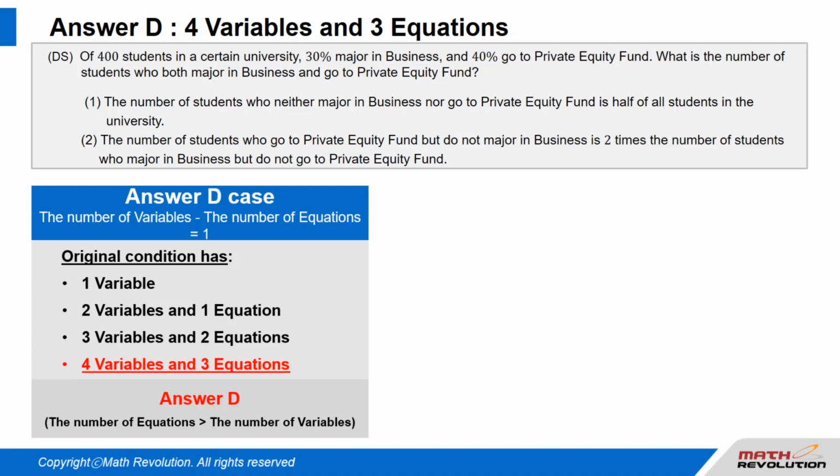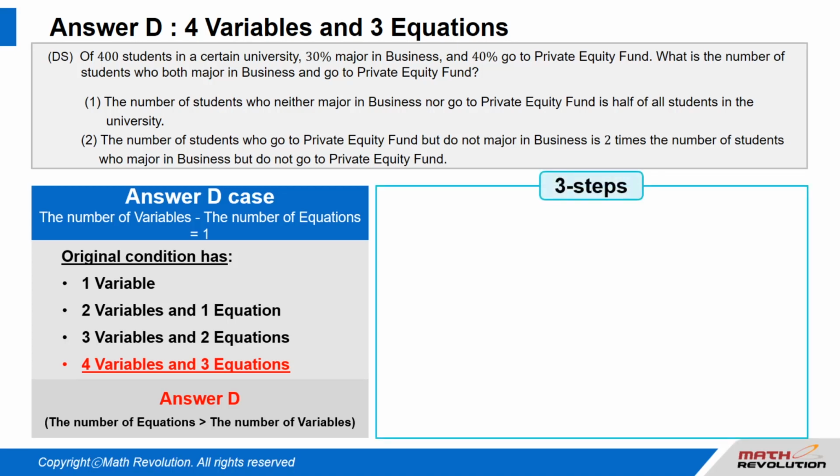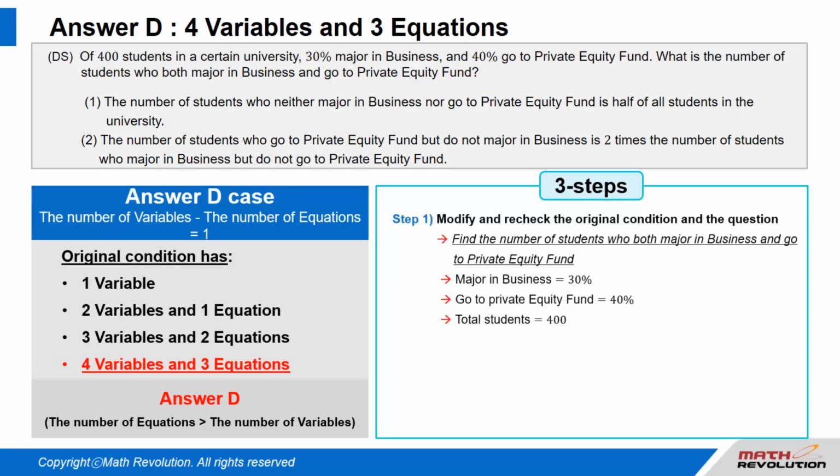Let's apply the 3 steps suggested previously. Follow the first step of the variable approach by modifying and rechecking the original condition and the question. We have to find the number of students who both major in business and go to private equity fund if 30% major in business and 40% go to private equity fund out of 400 students in a certain university.